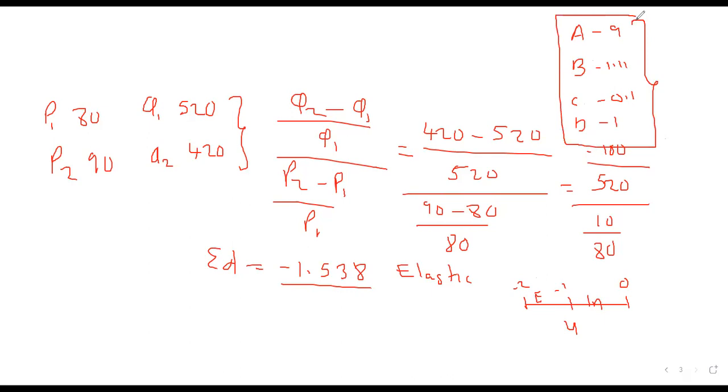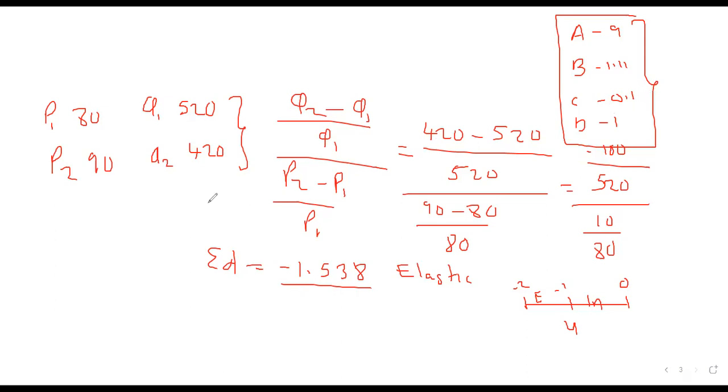A is elastic. B is also elastic. C is inelastic. And D is unitary. Now you get it.